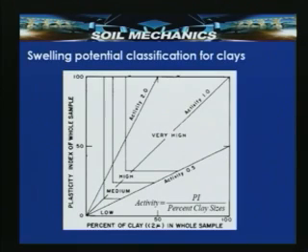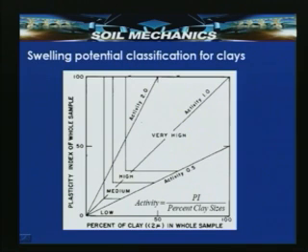Here we said that activity is equal to plasticity index divided by percentage clay fraction. In this figure, the x axis shows the percentage of clay less than 2 microns, that is, passing 2 micron in the whole sample, and along the y axis the plasticity index of the whole sample is taken.